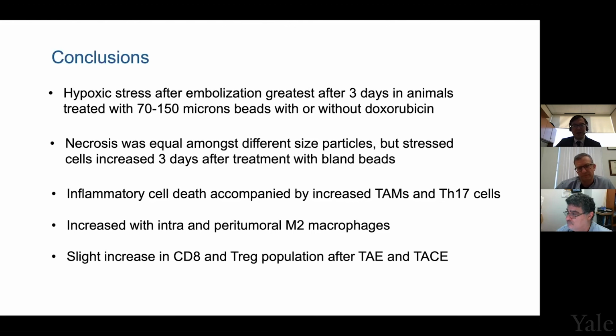The difference between Julius' study and our study is, I think, more likely than not due to that. The drug does play a role as well. It causes endothelial injury. Sometimes the way the drug is eluted from the bead, it may cause an earlier endothelial injury, so you don't penetrate as deep into the tumor. But I think the model is central to that.